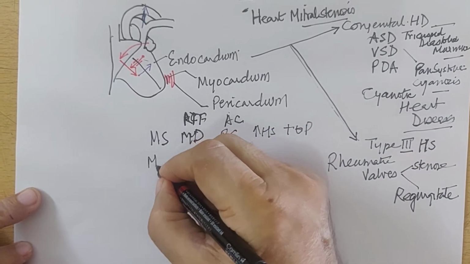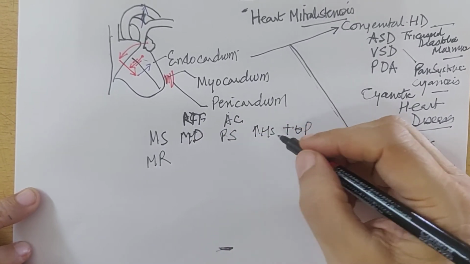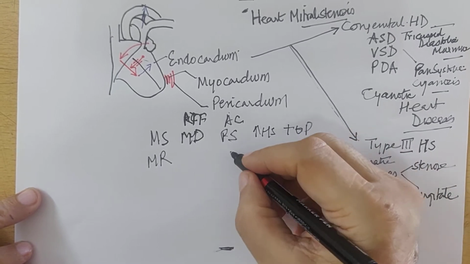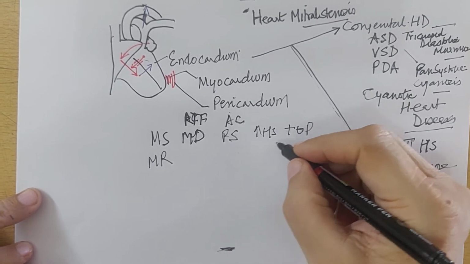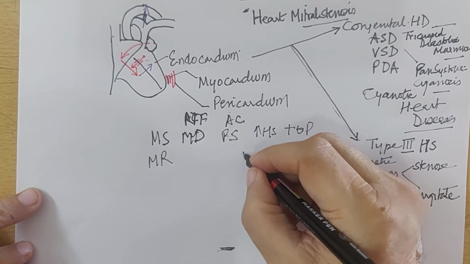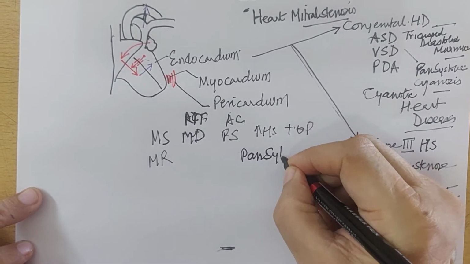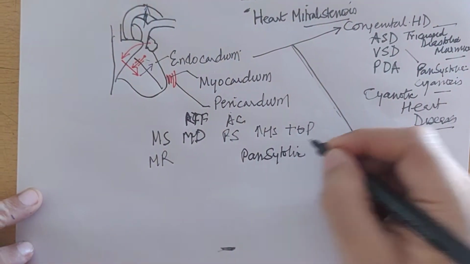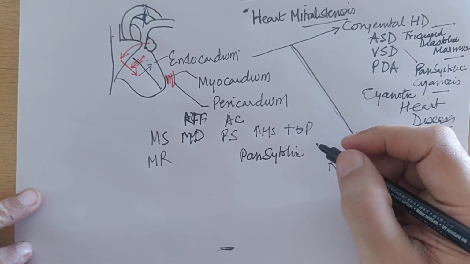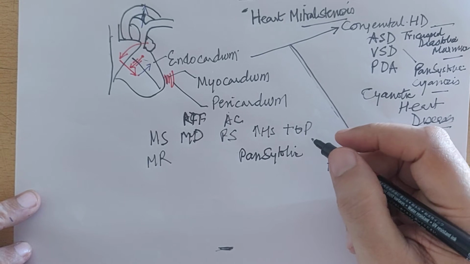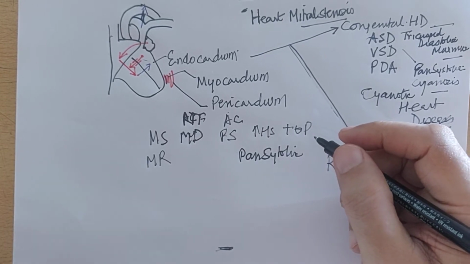For mitral regurgitation, there is a pan-systolic murmur before the ejection click and ending in the mid-systole.